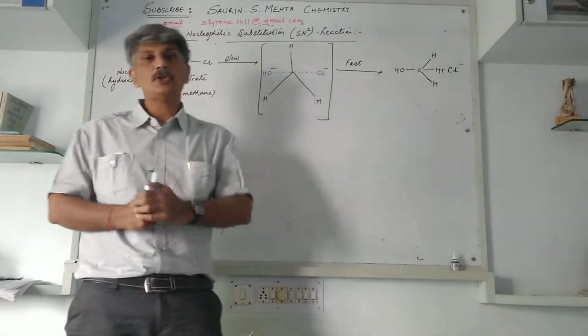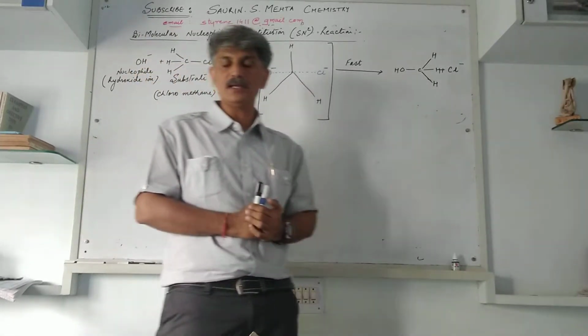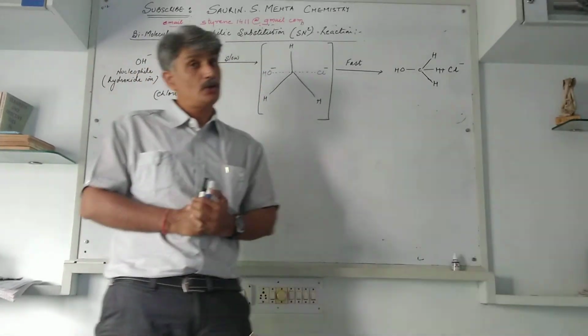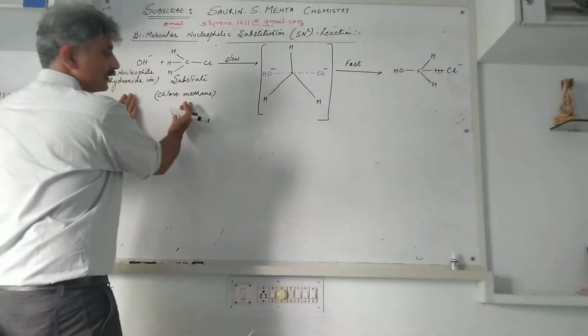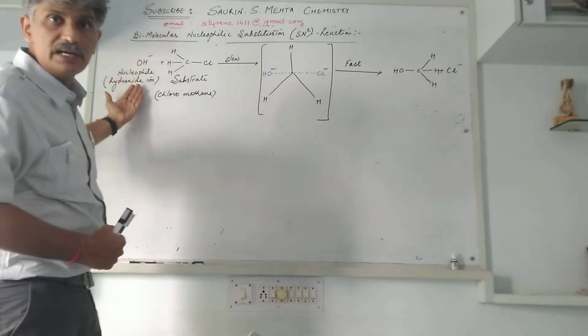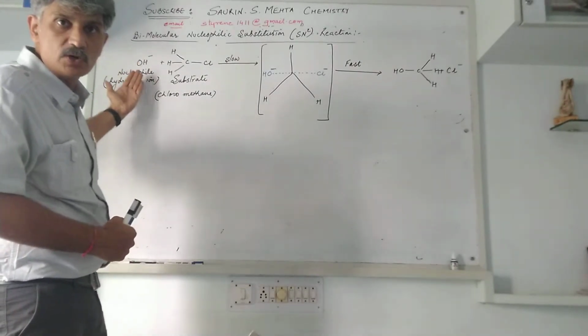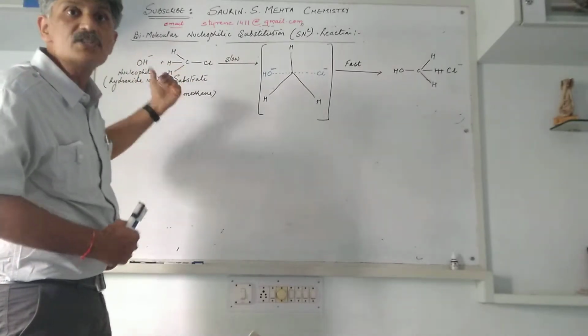According to the topic chemical kinetics, the mechanism of kinetics, when both the reactants participating in the reaction, here I have already placed the hydroxide ion, which is your nucleophile, and chloromethane as a substrate.